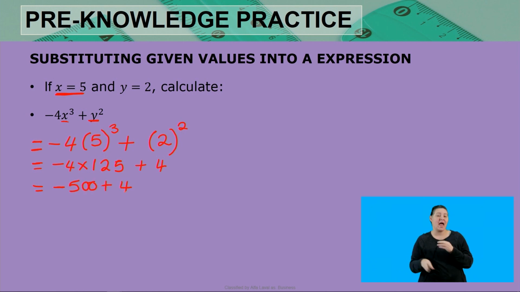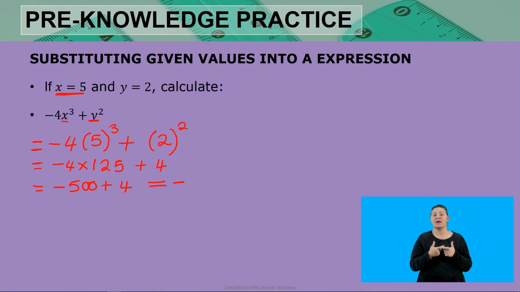We add the 4, so negative 500 plus 4. Remember, if we are adding a positive number and a negative number, our answer takes the sign of the one that is furthest away from 0, and we just subtract the natural numbers, which gives us negative 496 as my final answer.